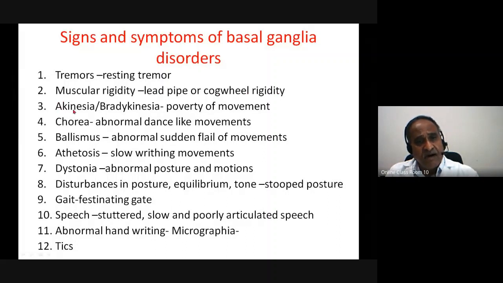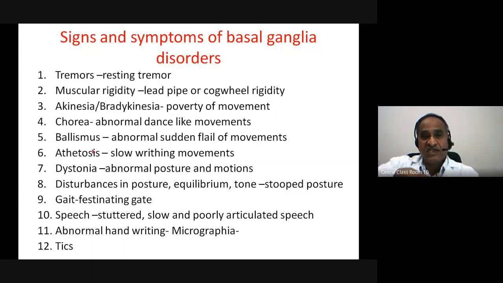Then there is a poverty of movement, that is called akinesia or bradykinesia. Then there are abnormal dance-like movements, that is chorea. Then there are sudden flail movements, sudden jumping of the limbs, like flailing of the limbs, that is ballismus. Then there are slow writhing movements, that is athetosis.